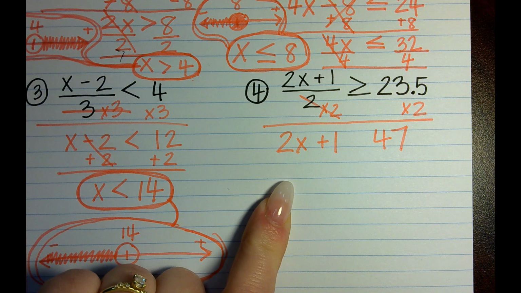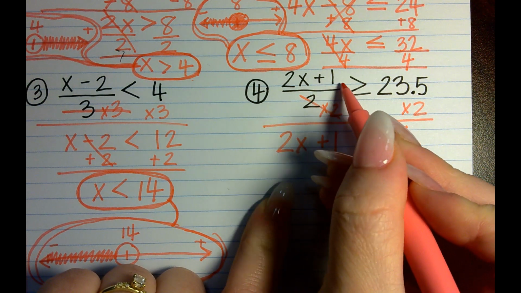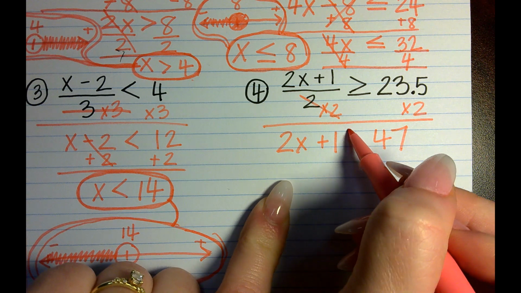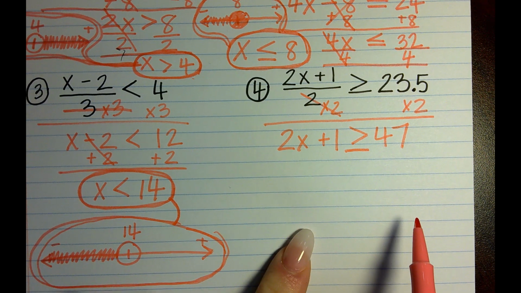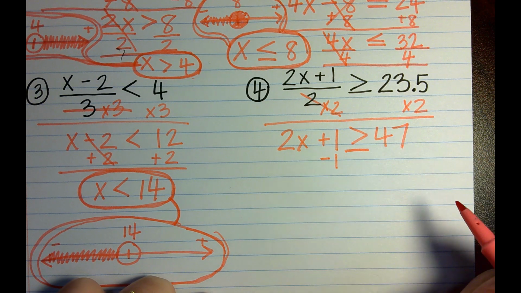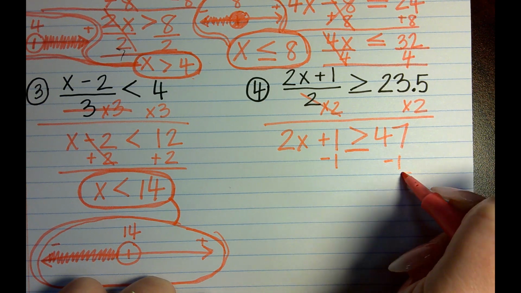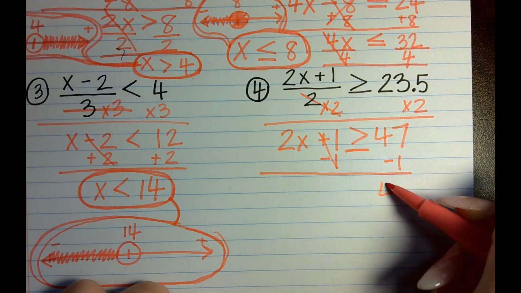Oh, and we're missing one thing, the greater than or equal to. That's okay. Now continue. And then you're going to subtract 1 from 47. Yes. That's 46, and it cancels out the 1.